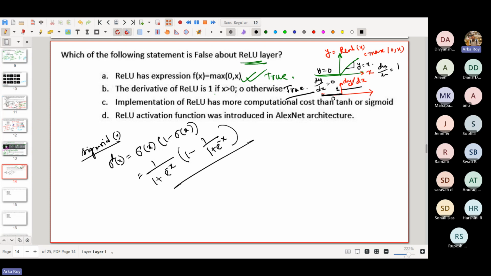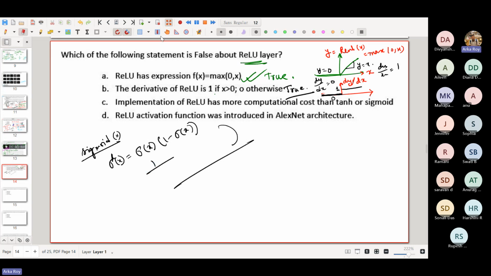So now you can see that if you are familiar with VLSI design, you might appreciate the fact that you need to store all these e to the power x values in some register, and then you need to do the computation.